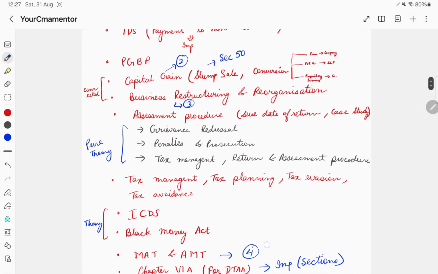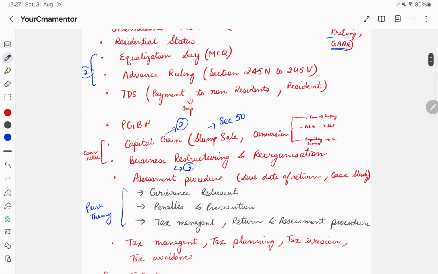Then I would suggest you go with the TDS chapter. For TDS, payment to non-residents, there are 5 to 6 sections of TDS for non-residents which are very important. An independent question may also arise from these sections, so learn the provisions of those sections by heart. Also for the remaining part of TDS, there are a few important sections which I'll help you with.